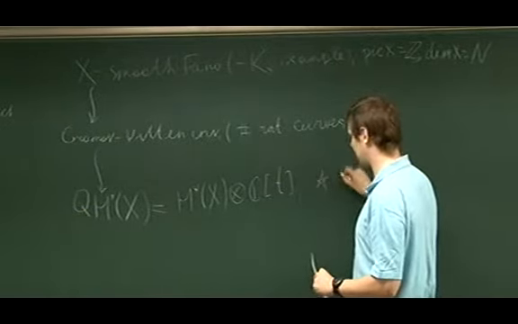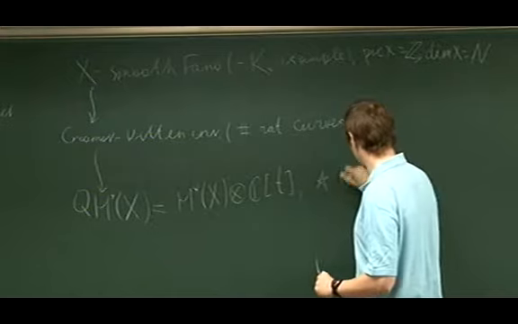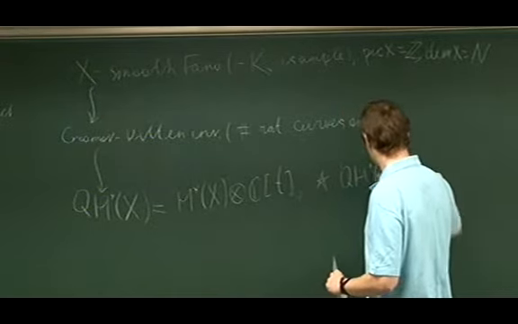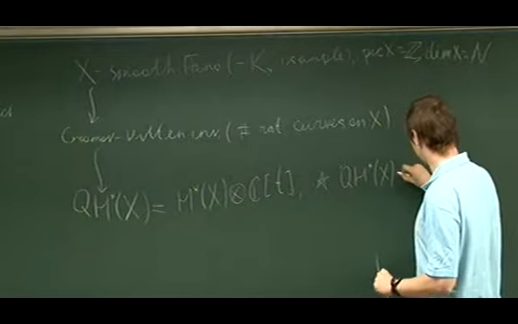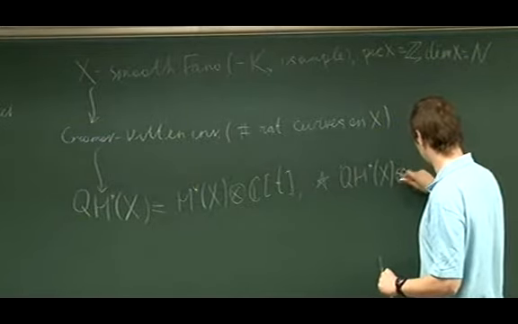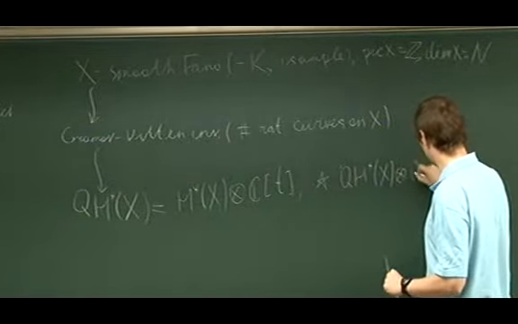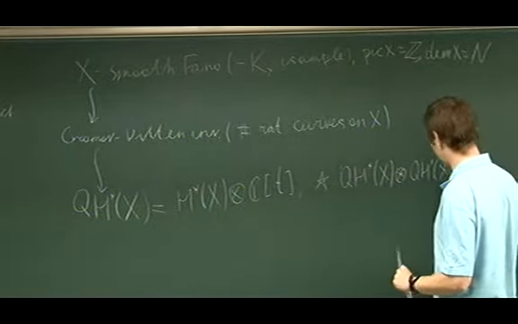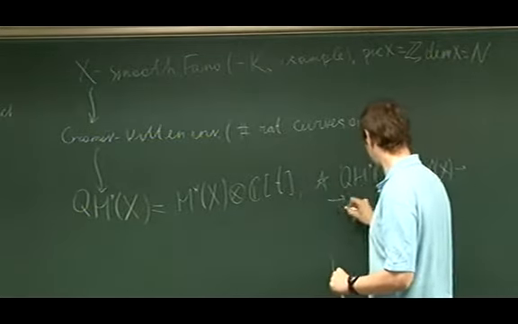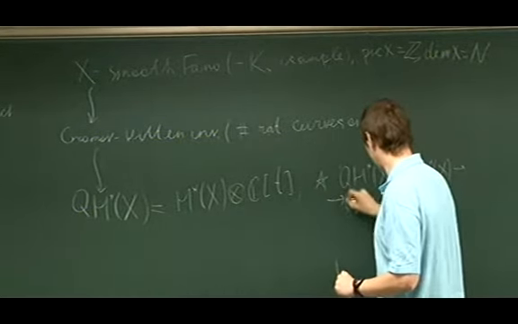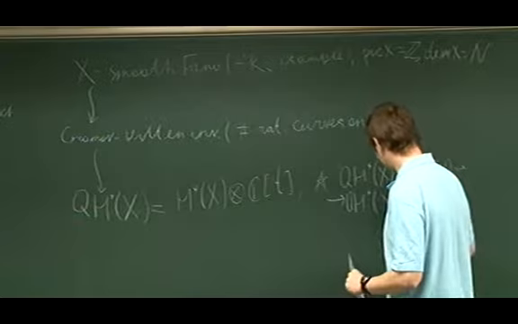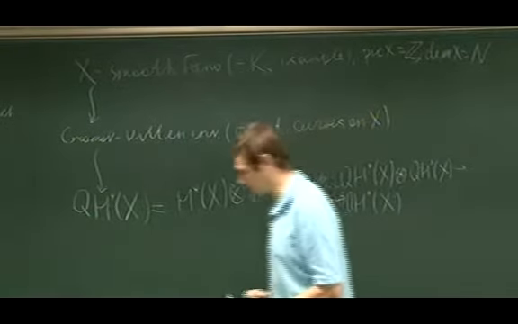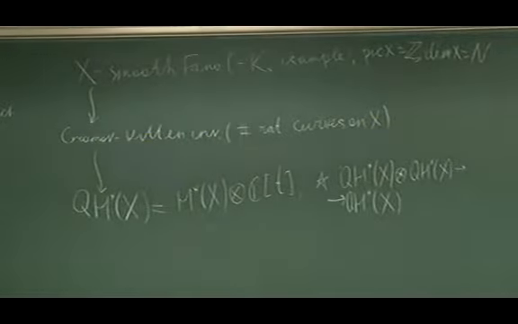So it's the map from... quantum multiplication. And that's what we need to formulate our mirror symmetry conjecture.